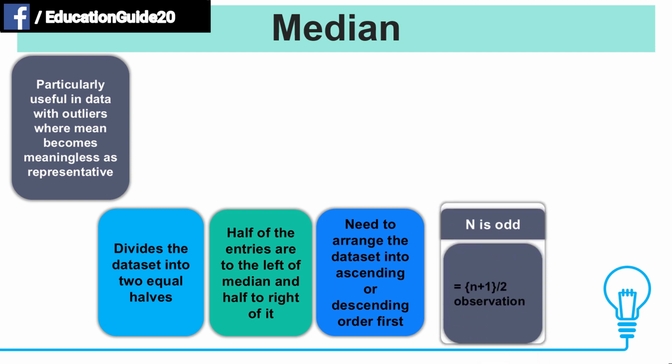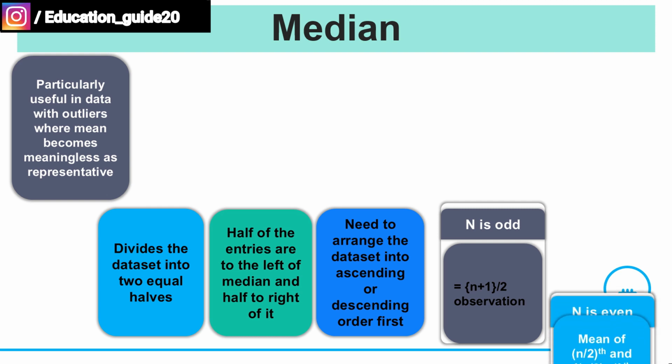When the number of entries, that is n, is odd, the median will be the n plus 1 divided by 2 term. If entries are 9, n plus 1 becomes 10, n plus 1 divided by 2 becomes 10 by 2, and it comes out to be the fifth term.